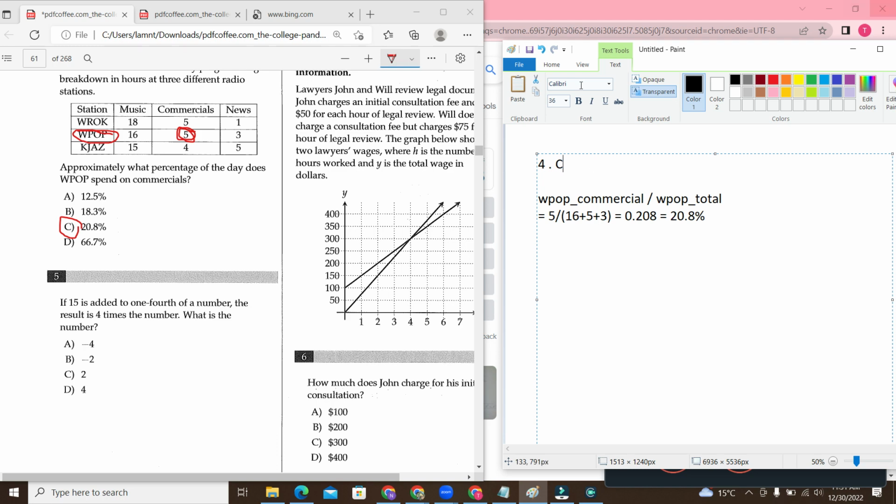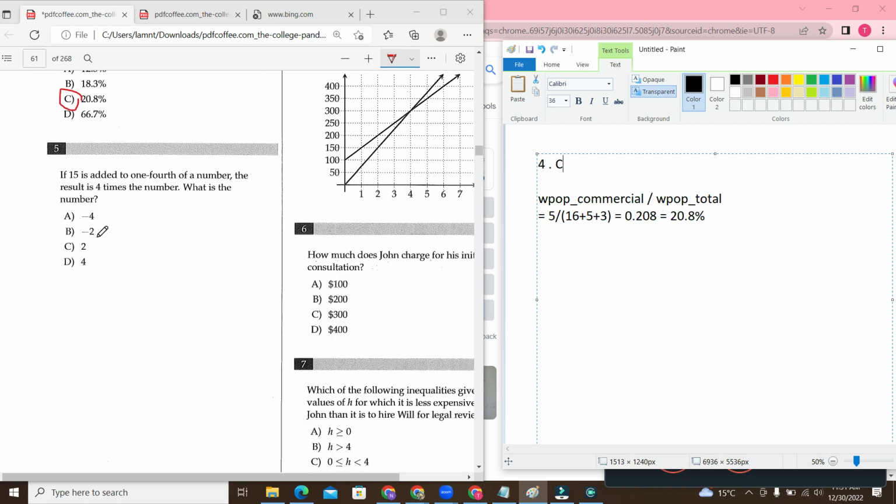Okay, number 5. If 15 is added to 1/4 of a number, the result is 4 times the number. What is the number? Number 5 is pretty easy. 15 plus 1/4 of x, and the result is 4 times the number, which is 4x. So we just have to solve for x.